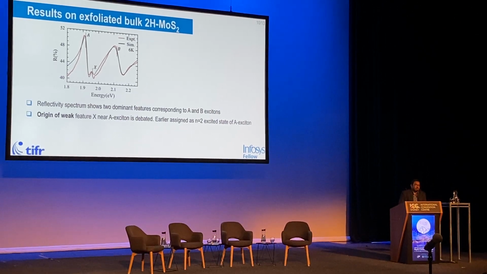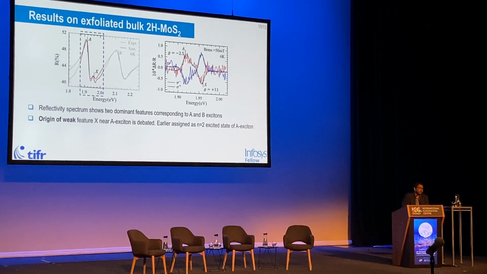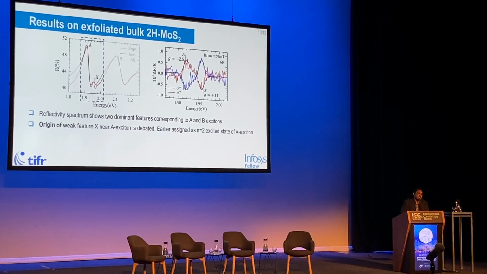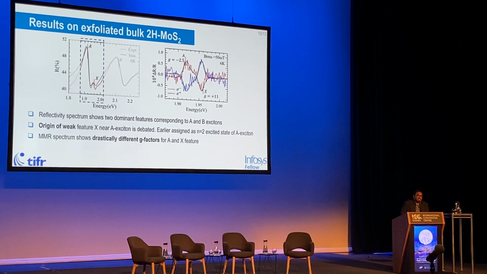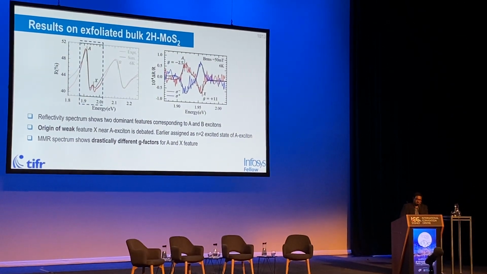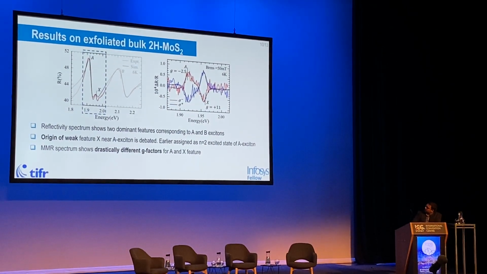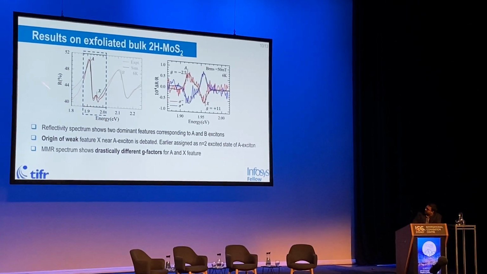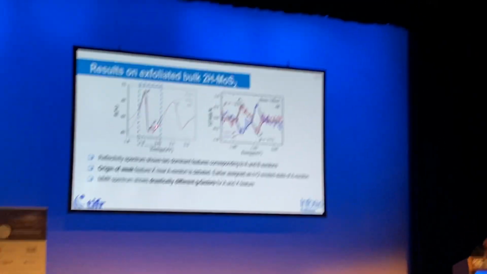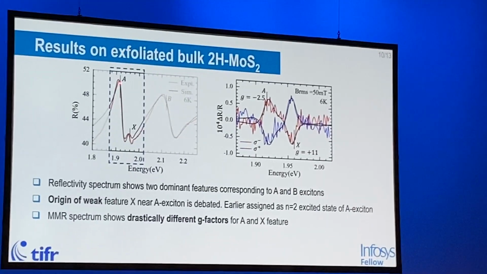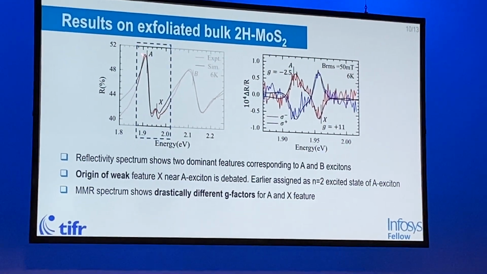So we did our MMR measurement around this point only, and if you follow the red curve, you will see this feature is very minute compared to the A exciton feature.